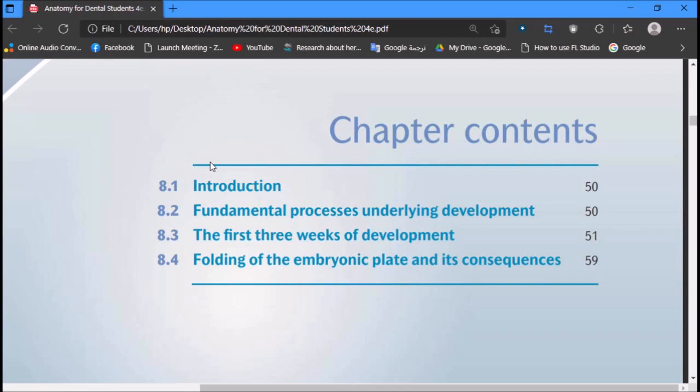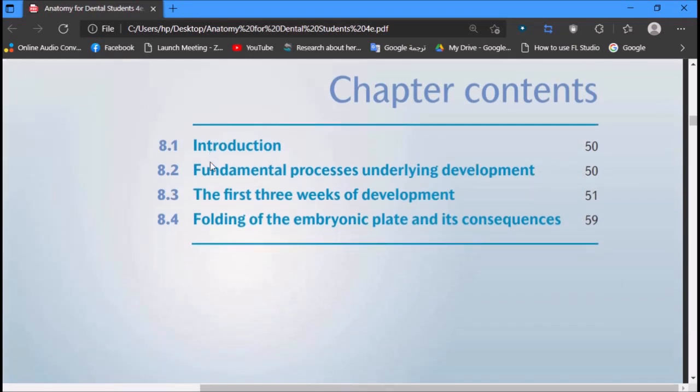Developmental anatomy is the study of how these building blocks are turned into specific cells, tissues, and organs, as well as the general growth of the body, as you will soon appreciate in the following paragraphs.